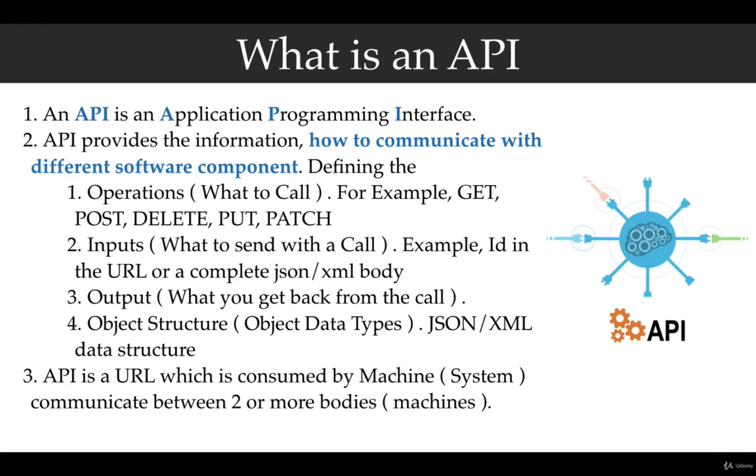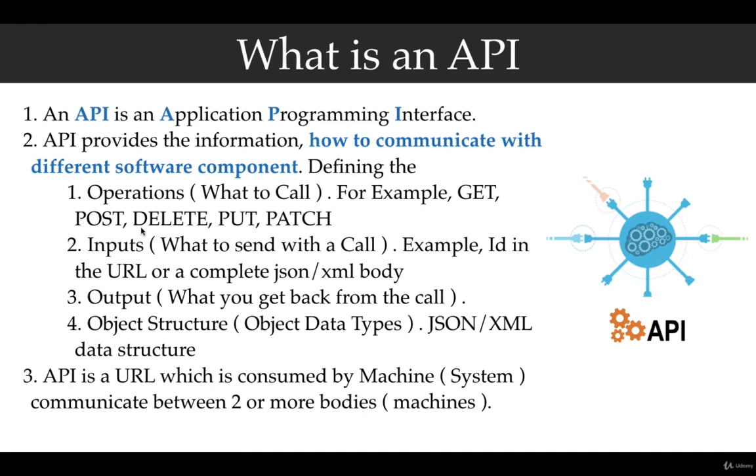The different operations that we can perform are: we can get the data, we can create data on a system, we can delete data, we can update or we can upsert the data. We can also see what input we can send, and after sending the input what output we will get, that is also provided by the API, and what kind of object structure the API supports.